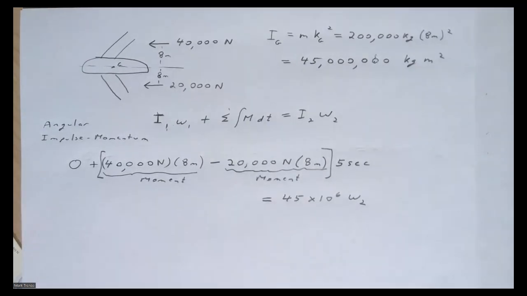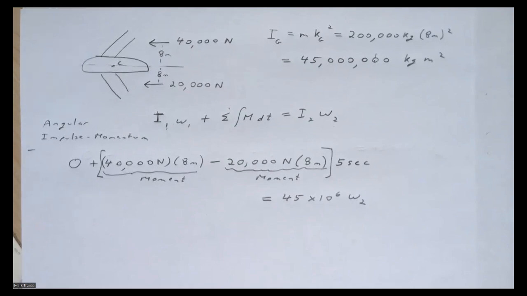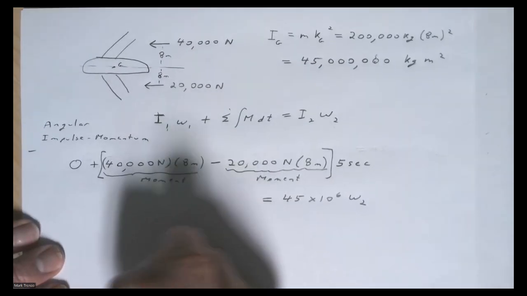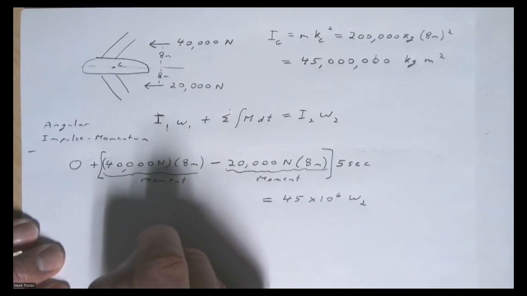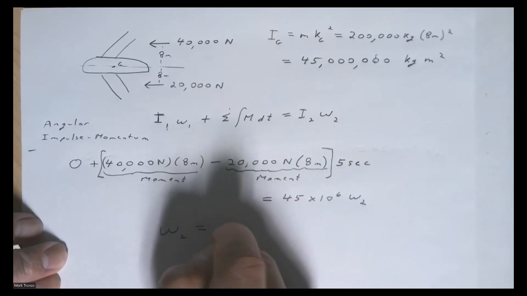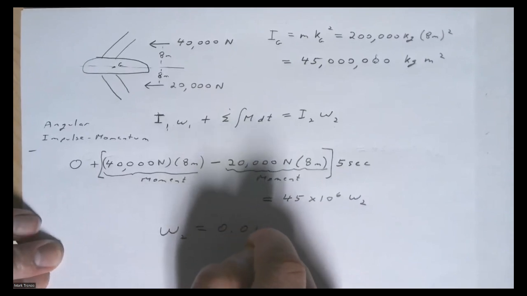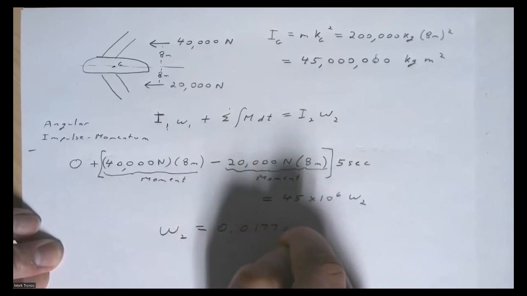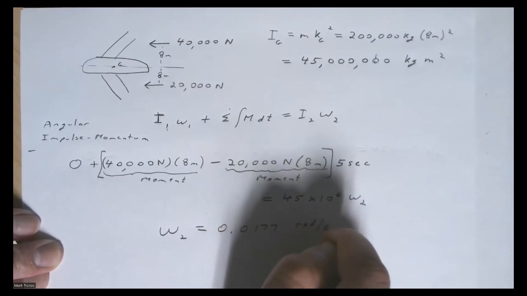So there's our equation. And when you put this on your calculator, you get omega 2 to be 0.0177 repeating radians per second.